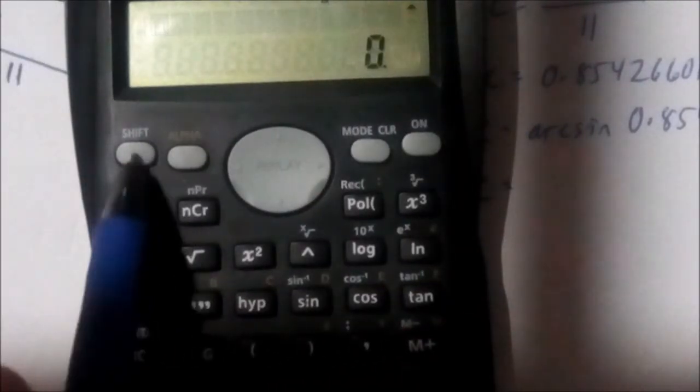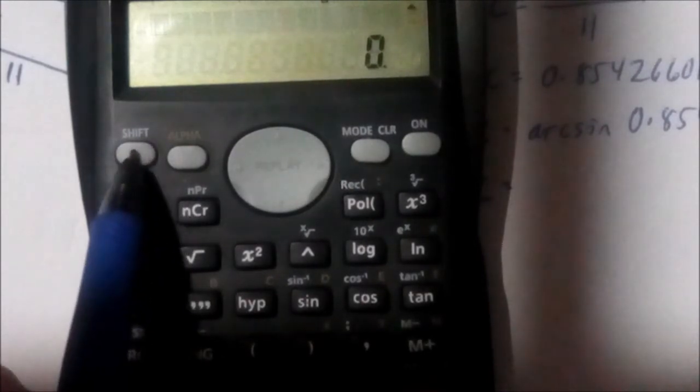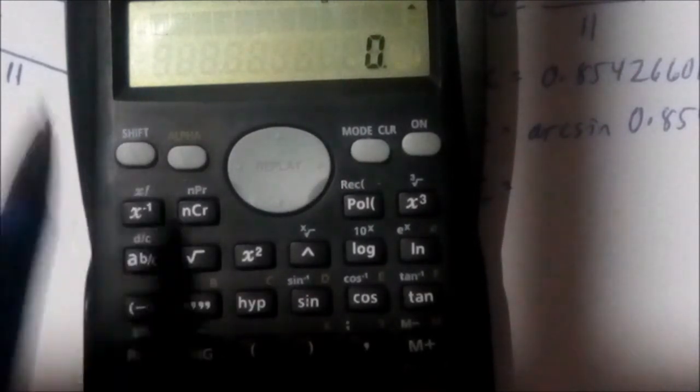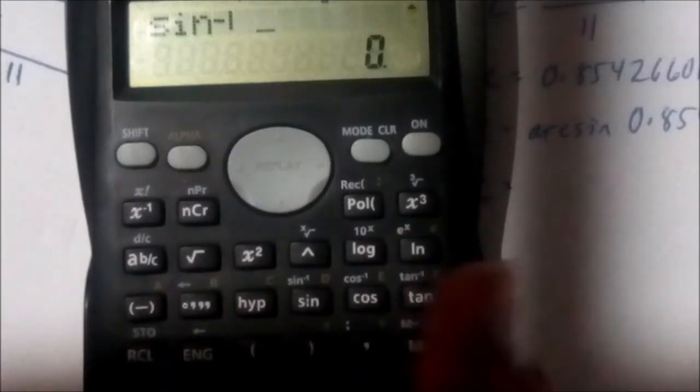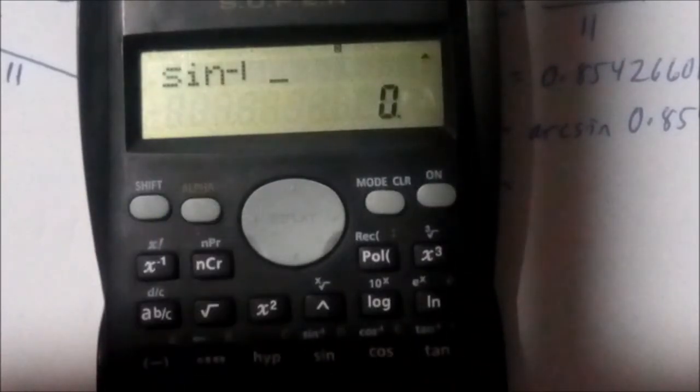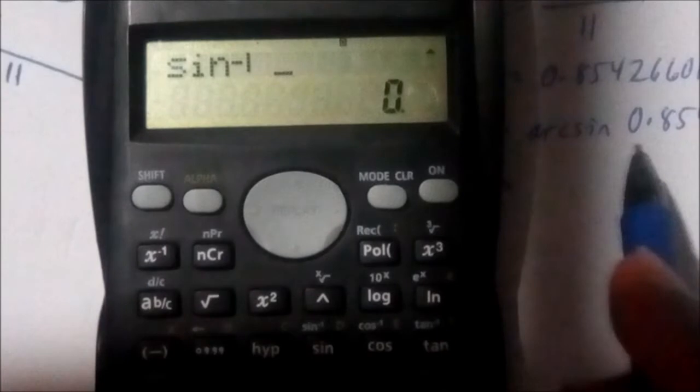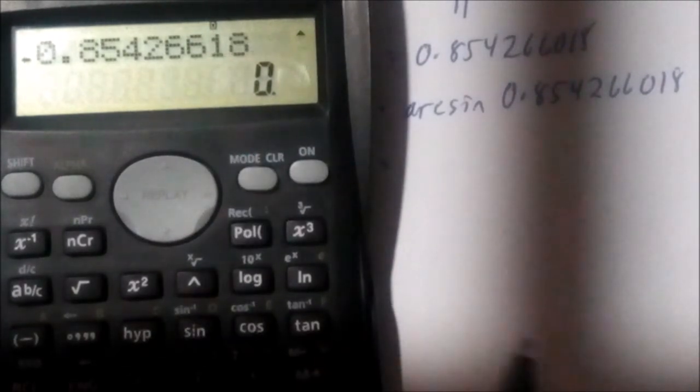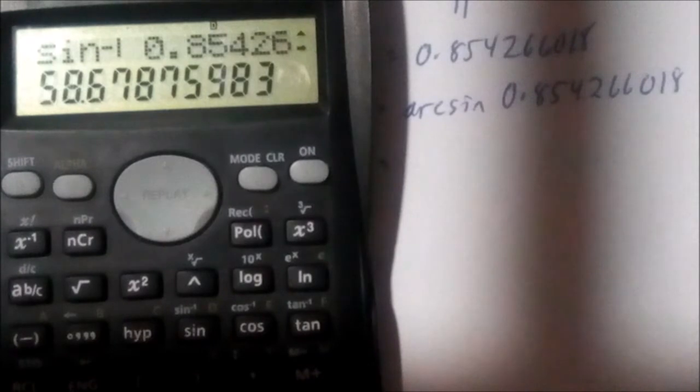What you are going to press is shift. Some calculators do not have the word shift, but have second function or inverse. Mine has shift, so I press shift and then sin, and notice what appears: sin to the power of negative 1. I punch in the value 0.854266018, which gives me 58.67875983.